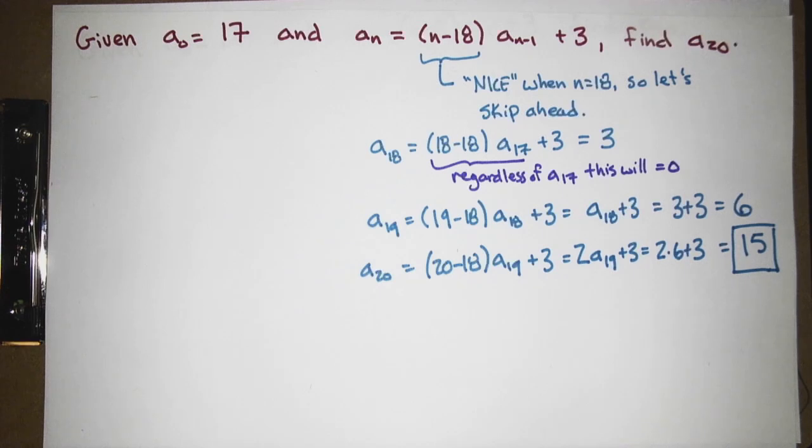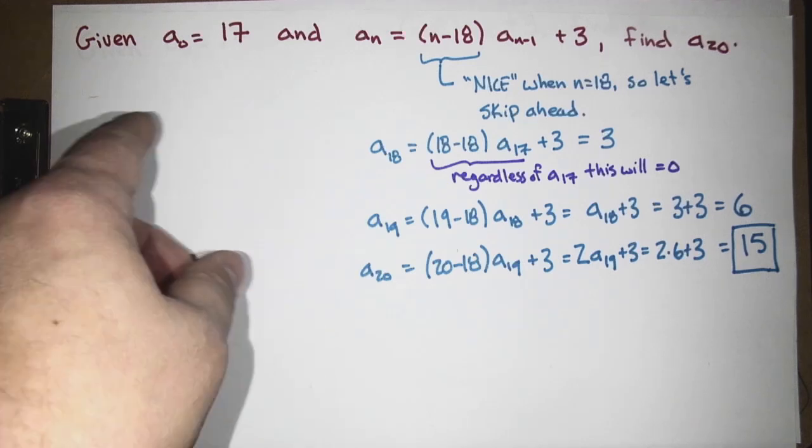But then you can say, well, let me look at what I'm actually dealing with. There's an n minus 18. And you can say, well, I have to go to 20, so I'm definitely going to pass by that. And n minus 18 is nice when n equals 18. Remember, 0 is a friend. We like 0.